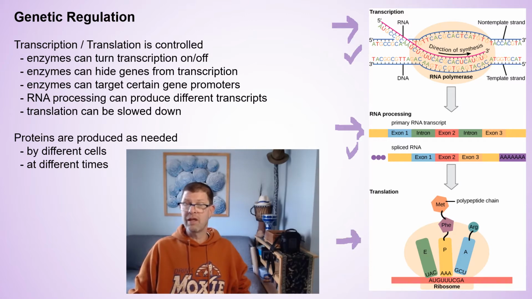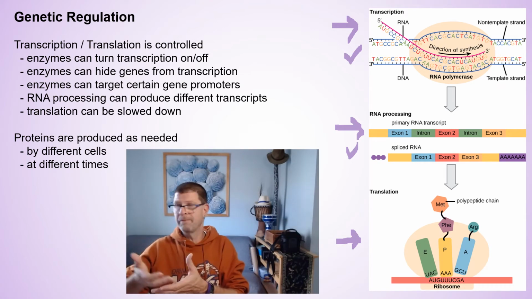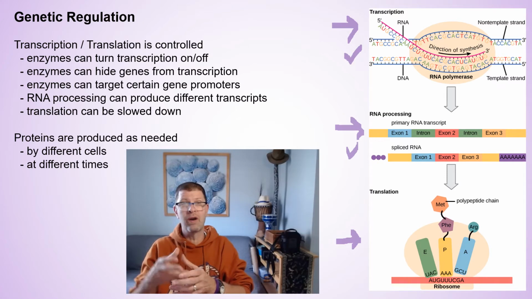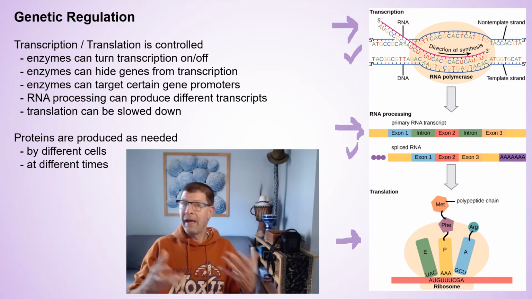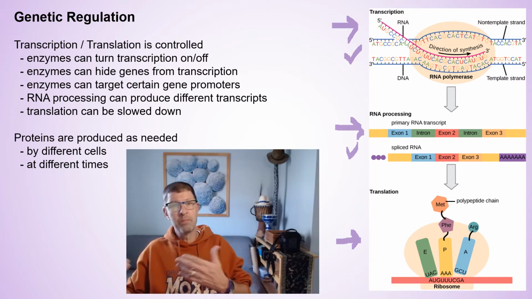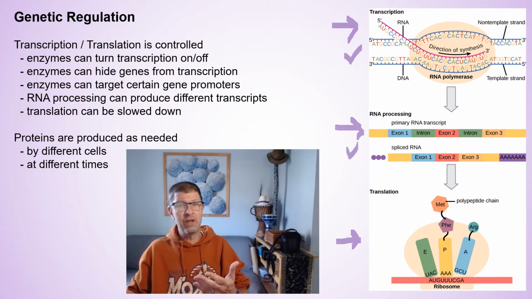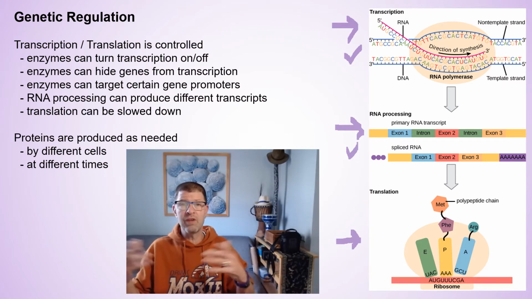And during translation, we're outside the nucleus, we've got the messenger RNA finds itself a ribosome, and then the transfer RNA is bringing over the amino acids and making them into a polypeptide chain. And there may be opportunities to turn that on or off, but there may also be opportunities to actually use those proteins in different ways, those enzymes in different ways.